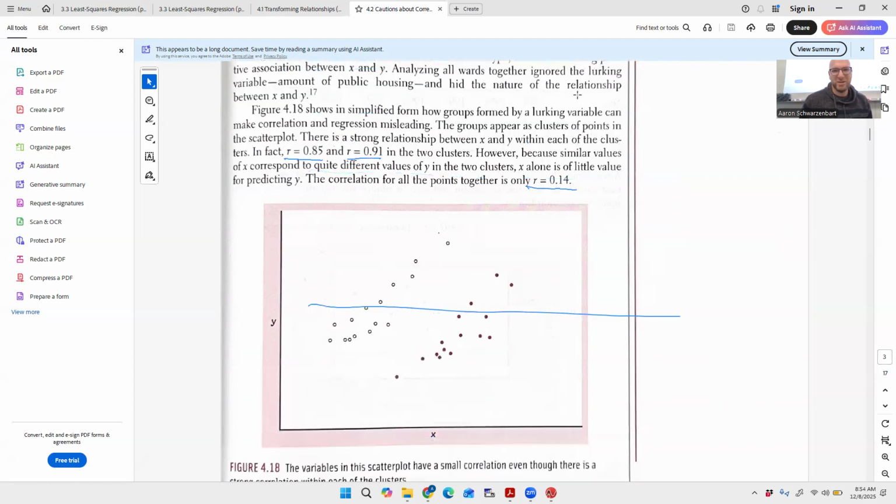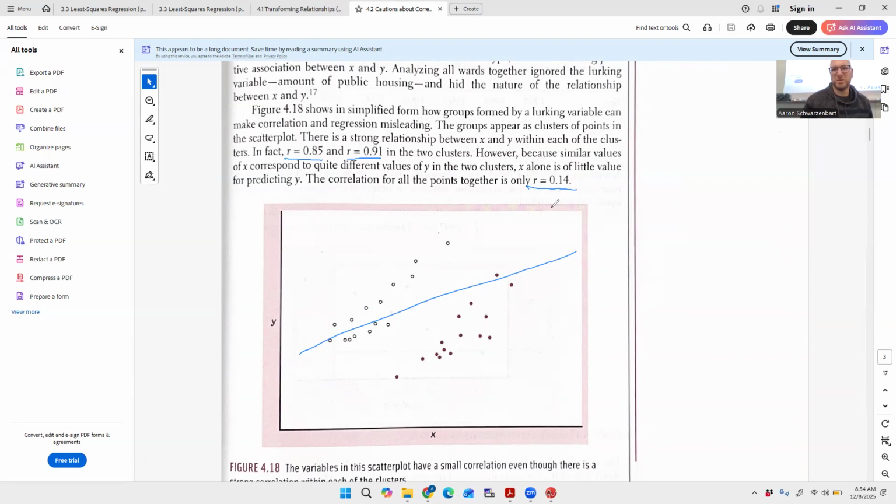okay. When you get a very bad R like this 0.14, that means the slope of your regression line is probably not actually flat. It's probably more like this, but it is close to zero, though.